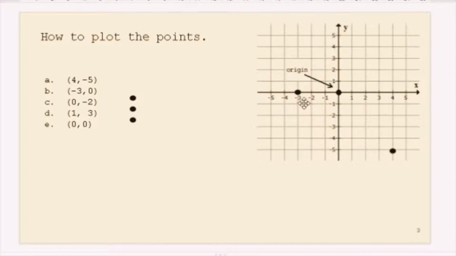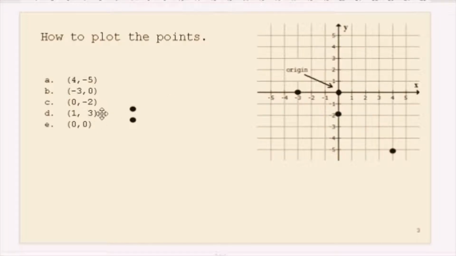Nakalatag lang siya sa x-axis. Then, itong C naman, 0 yung horizontal niya. Dito kayo lagi mag-start sa may origin. Tapos, bababa kayo ng dalawa since -2 yung coordinate natin. So, mapupunta yung point dito. There. So, we have A here, B here, then dito yung C.